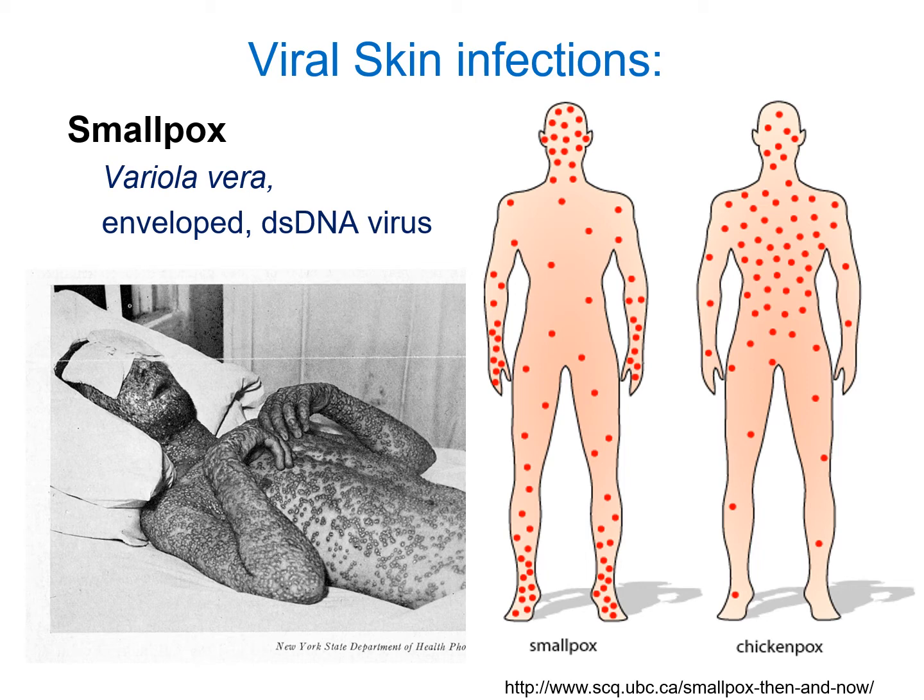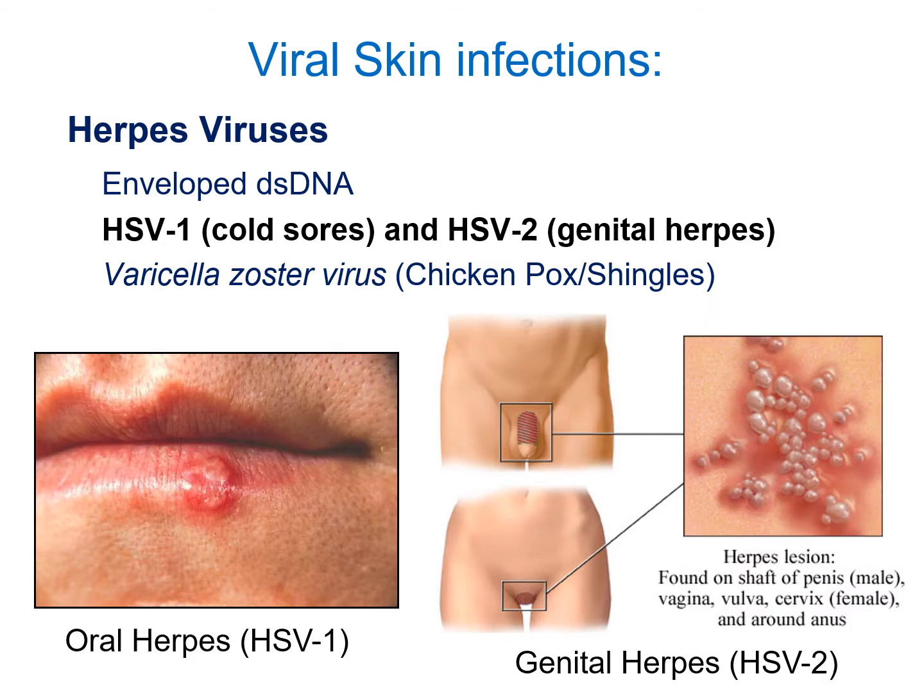And just looking at not only the symptoms, but the way that the pox present themselves, with smallpox, you can see that the pox marks were spread all over the body. Chickenpox tends to affect mainly the upper body. So even when people were dealing with both of these diseases at the same time, it was fairly easy to distinguish between the two. On to the herpes viruses, and it is a herpes virus that causes chickenpox.